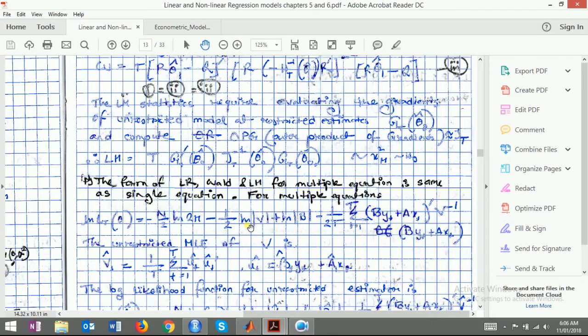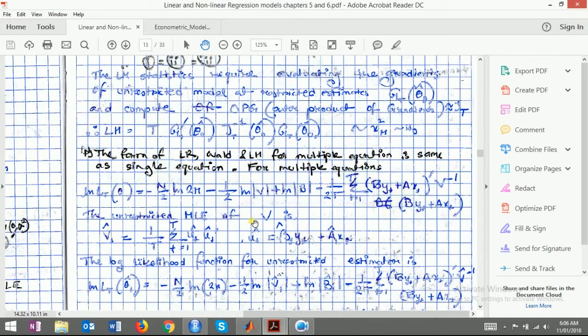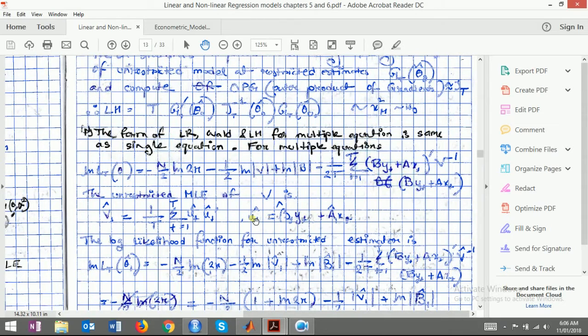The unrestricted MLE of V is ut transpose divided by T, and the residual ut is B yt plus A xt. This is also coming from the reduced form equation.